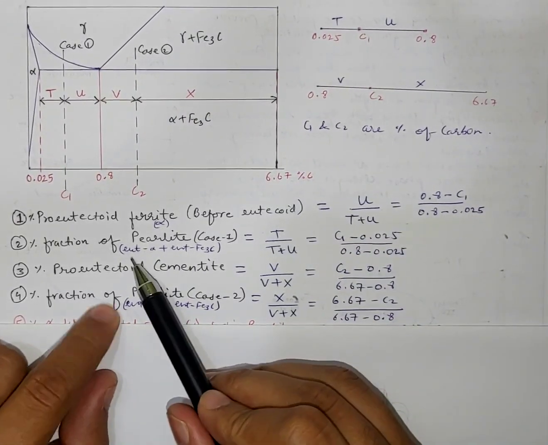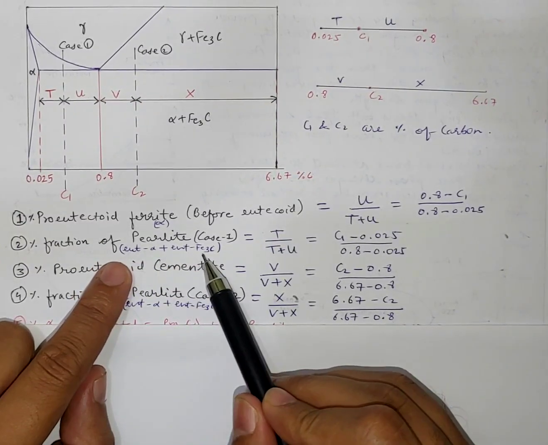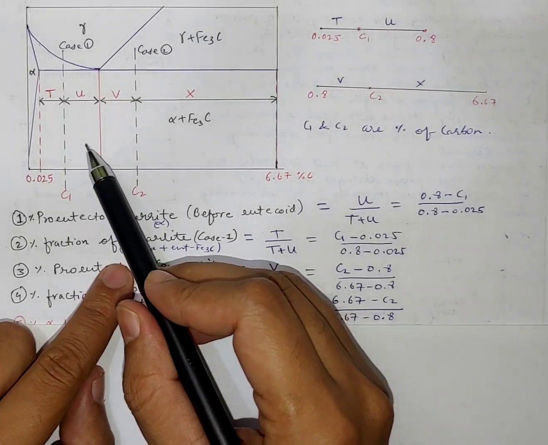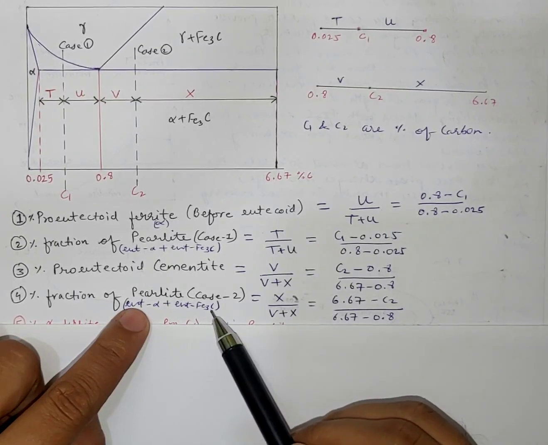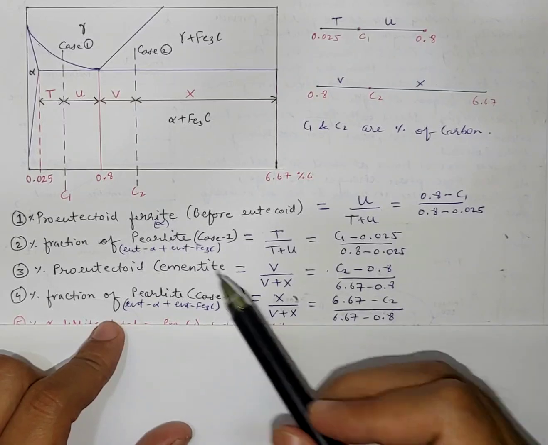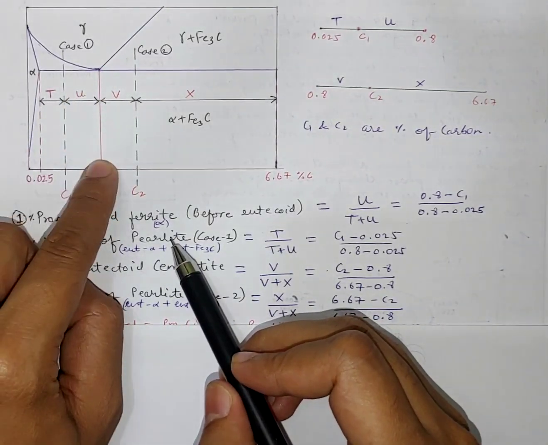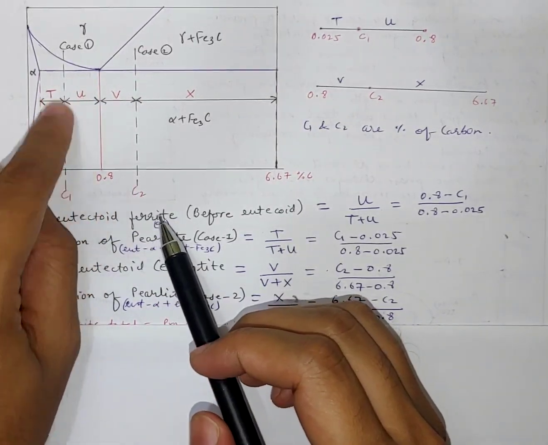Now this in blue color is eutectoid alpha plus eutectoid Fe3C, meaning both of these will form as pearlite in this region. We are talking about this side of the line in case 2. Now on the left side, left of the eutectoid point, less than 0.8 percentage carbon, is this region.